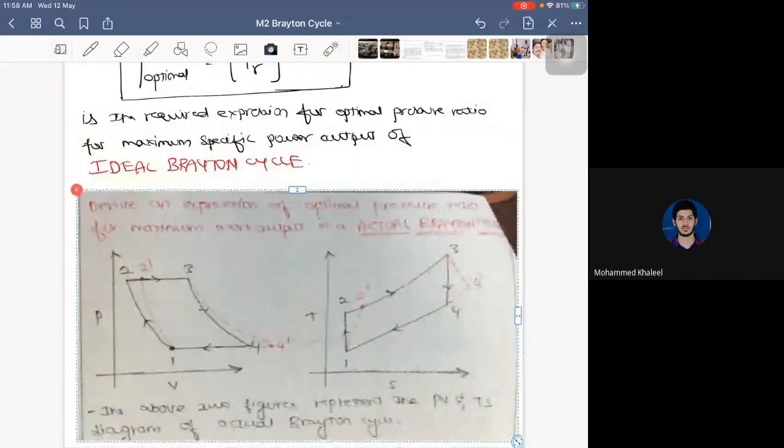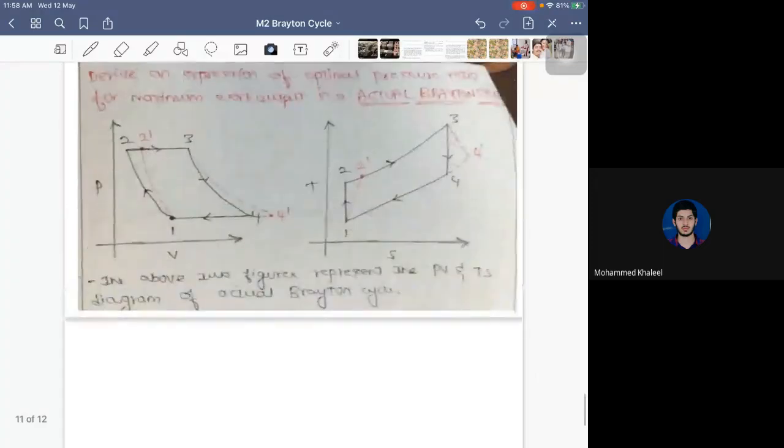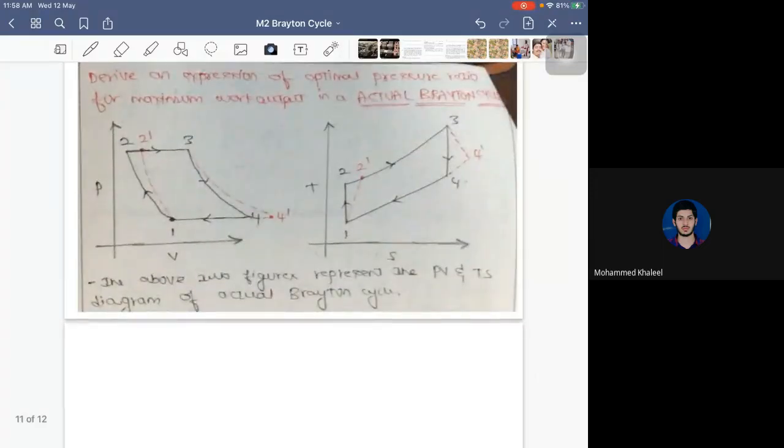So pretty much the same thing, but the thing is, you'll be having the values of NC and NW in case of the actual Brayton cycle. Okay, take down this expression and draw the PV diagram of an actual Brayton cycle. In the ideal Brayton cycle there is no 2-4 dash, but actually 2-4 dash comes. There is a deviation in actual, but there is no deviation in case of an ideal. Once this deviation comes, 2-4 dash comes, it is an actual thing.